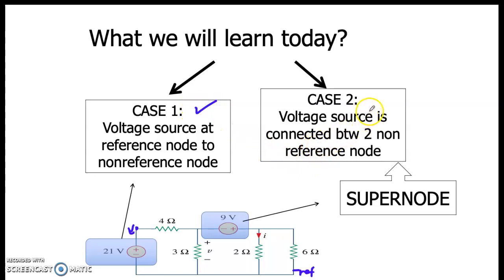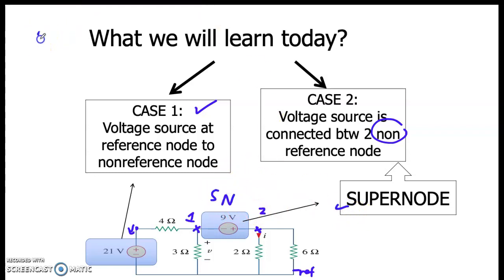But how about case 2, where the voltage source usually is horizontal, connected to both non-reference nodes? So node 1 and node 2 are non-reference nodes. So this is what we call supernode.